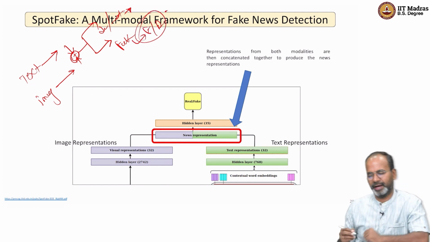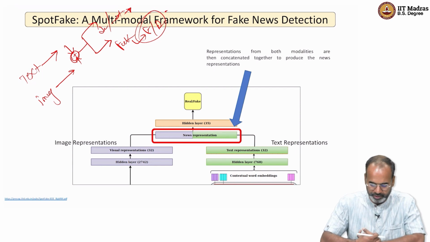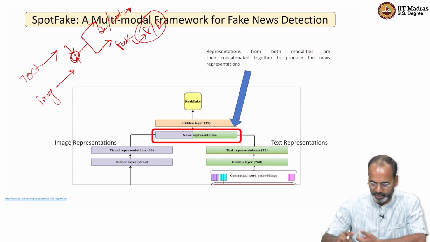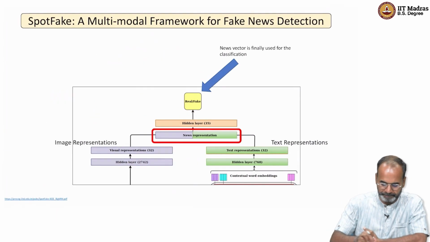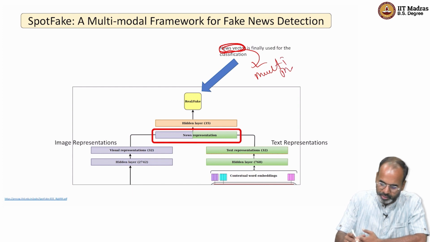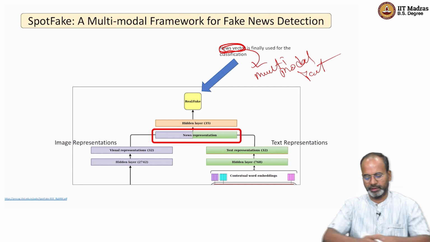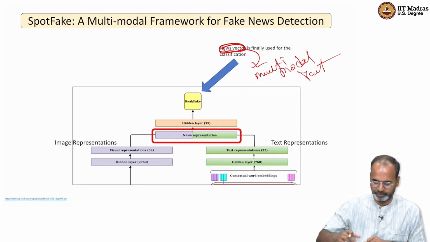Right? The same structure can be maintained to do this. Representations for both modalities are then concatenated together to produce the news representation. So here the news vector is nothing but the multimodal part, which has both text and images, finally used for classification.